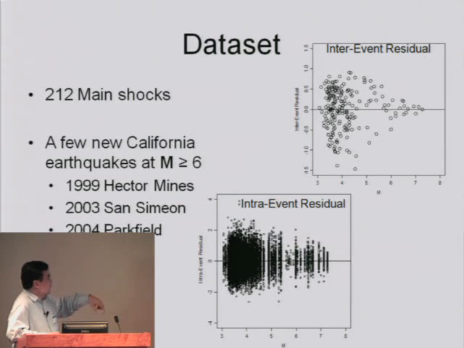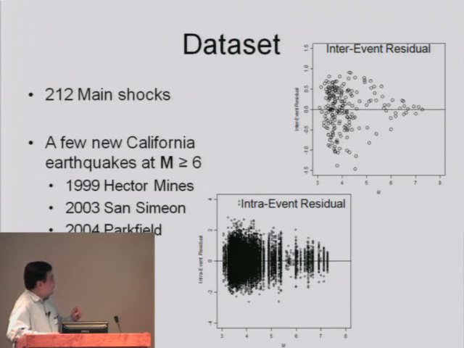Okay. Now, in the bottom plot, I plotted the intra-event residuals also as a function of magnitude. And we see more or less the same, where there's a much larger scatter at small magnitudes and smaller scatter at larger magnitudes. Okay.